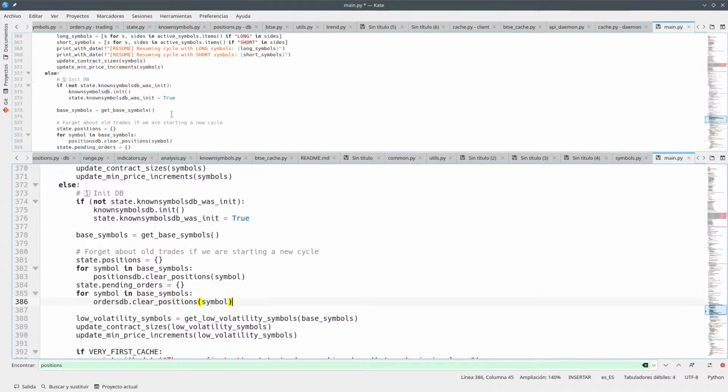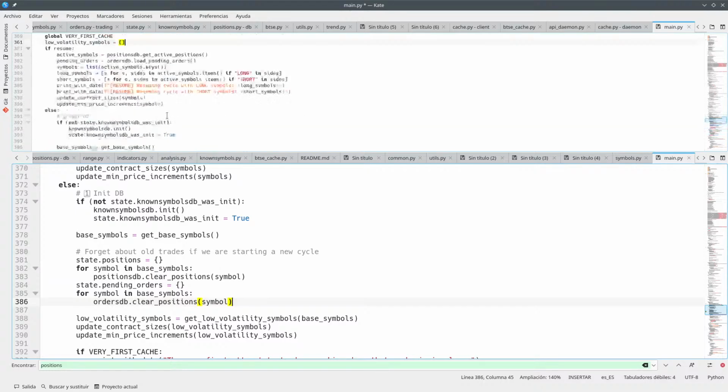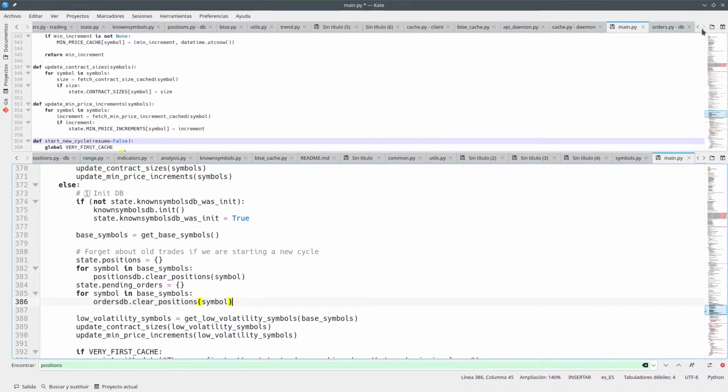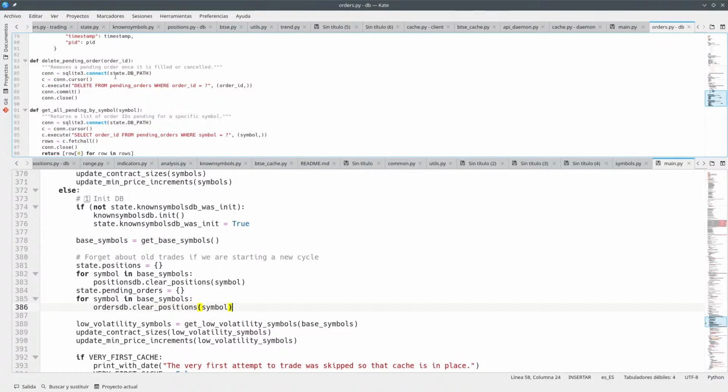And is there a clear... Wait a minute, this is not what I wanted to modify. So there should be delete pending order, which is clear positions with a symbol. So delete, no. This is with an order ID.